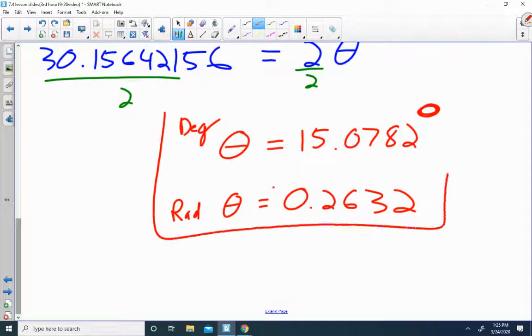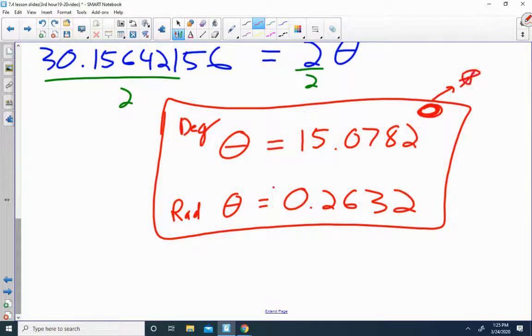The Hawks program will accept either the degree answer or the radian answer. You don't have to do both. But if you do degrees, just remember that degree symbol. You're going to be very mad if you do forget it. So with that said, we are done with that example. Let's move on to the next topic.